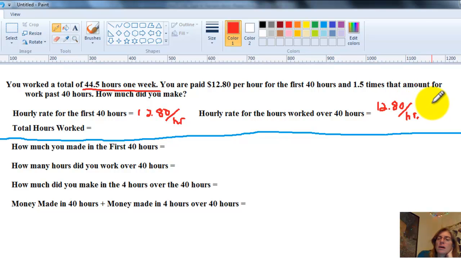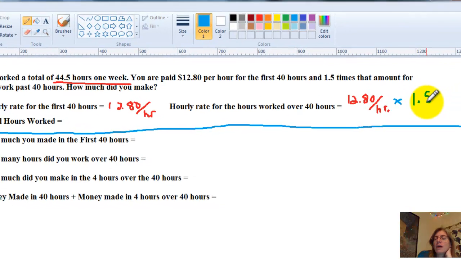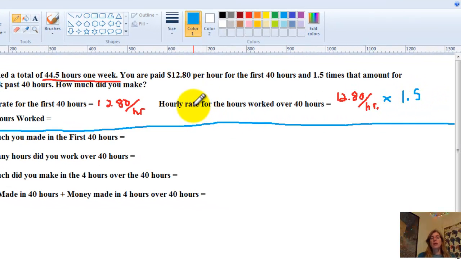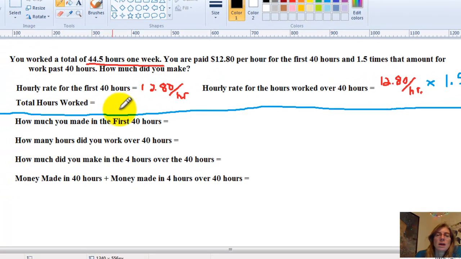So it's saying multiply times 1.5. And that's going to be the hourly rate for the hours worked over 40 hours. Total hours worked is what we're also given, and that is 44.5.